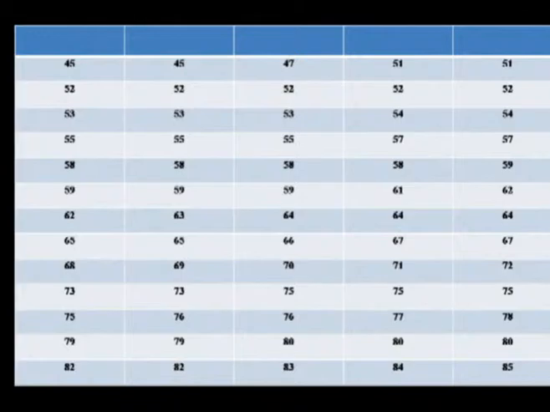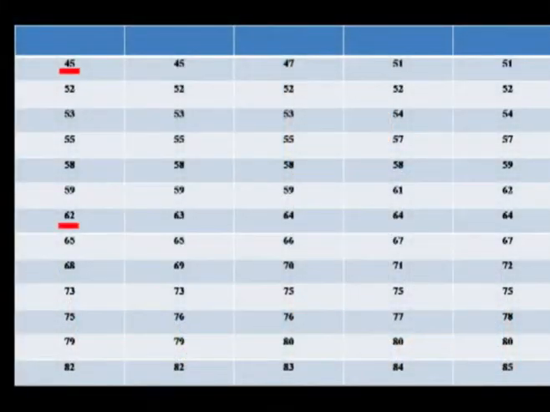Let us have a look at the table. You see here the table, the lowest value, which I have marked, is 45 and the highest value is 85. Now, if I am to calculate the range of this data, we will subtract 45 from 85 and we will get 40 as the value for range.